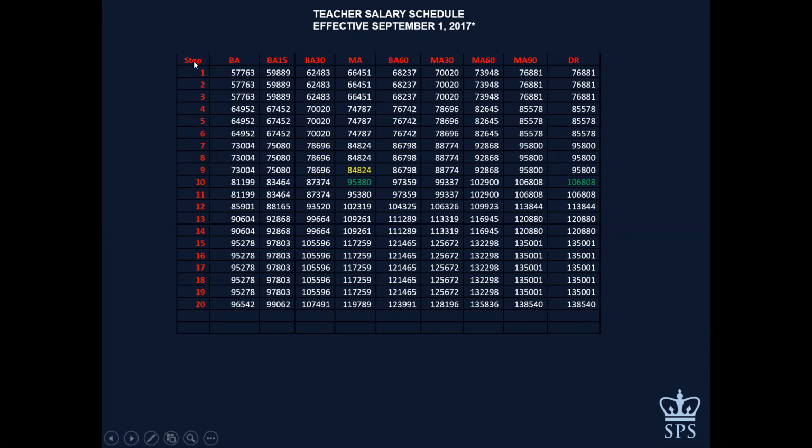In the case of school districts, you also get paid based on your educational achievement. So here we have a bachelor's degree, a master's degree, and a doctoral degree, along with some other intermediary steps. So let's say somebody was working there 9 years, had a master's degree, and their salary was just under $85,000.